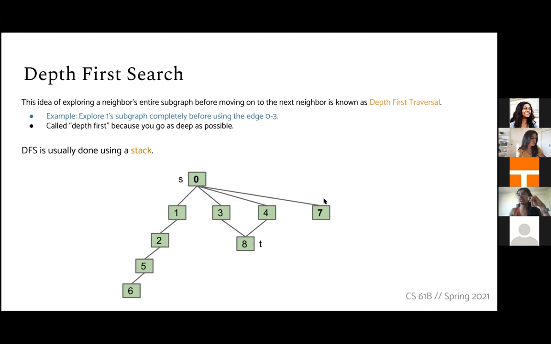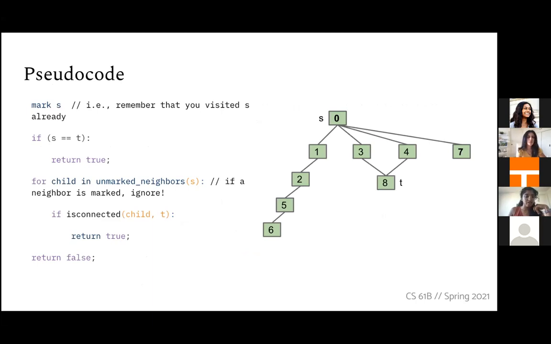And the pseudocode would make it make more sense. Here we can see that this would be S, and this would be the one that we visited already. If S is the target T, then you can return true, which means you've gotten to the end already.